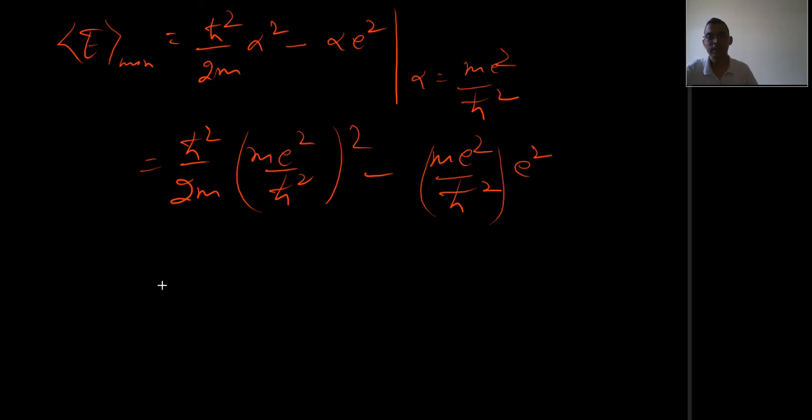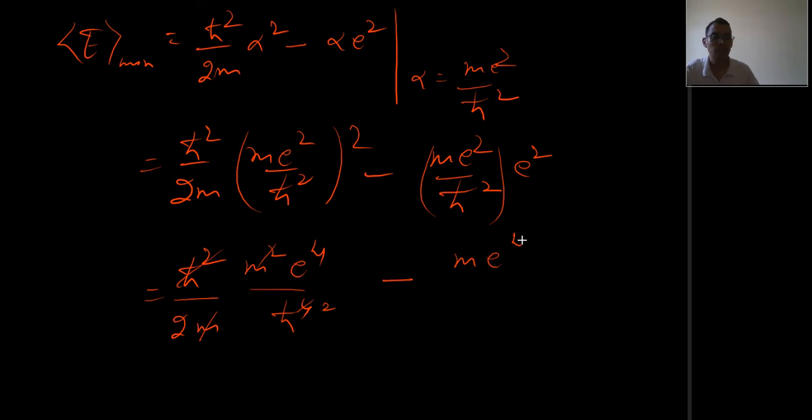So it is ħ² m² e⁴/ħ⁴ over 2m. This m will cancel out with it, so this will cancel out with this, and here me⁴ over ħ².